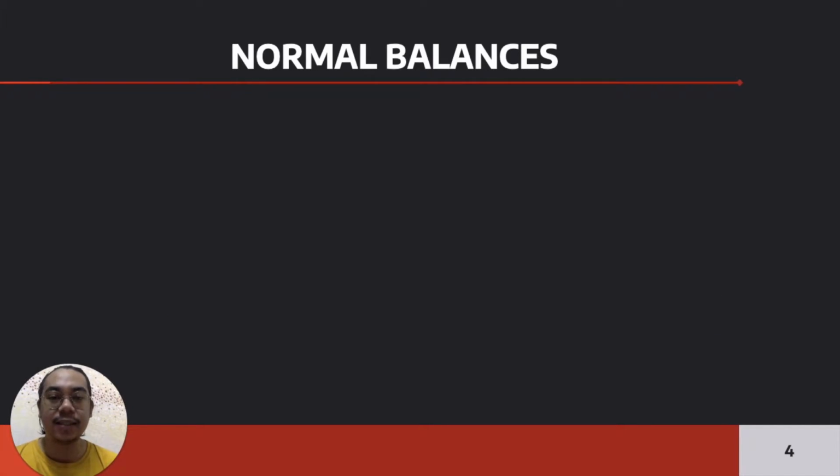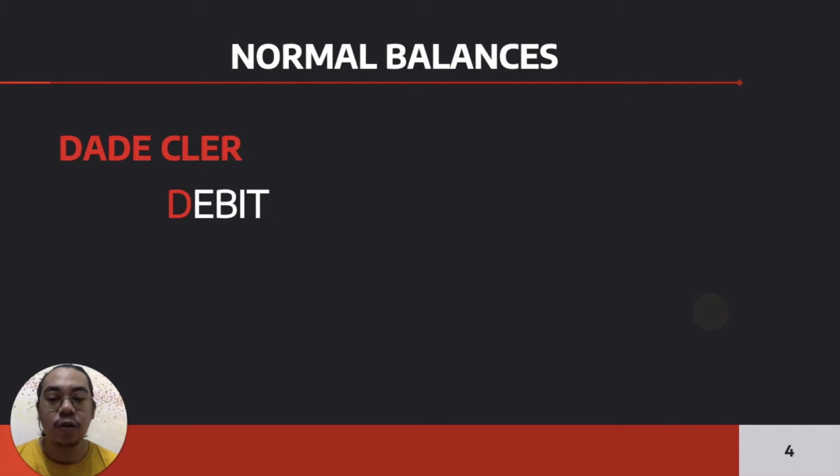So, tingnan natin yung mga normal balances. Para malaman nyo ng mas madali yung mga normal balances, just remember this phrase. Dade, clear. So, dade is for the debit side, while clear is for the credit side. Anong ibig sabihin yan? So, D for debit, ito yung mga may normal balance na debit.